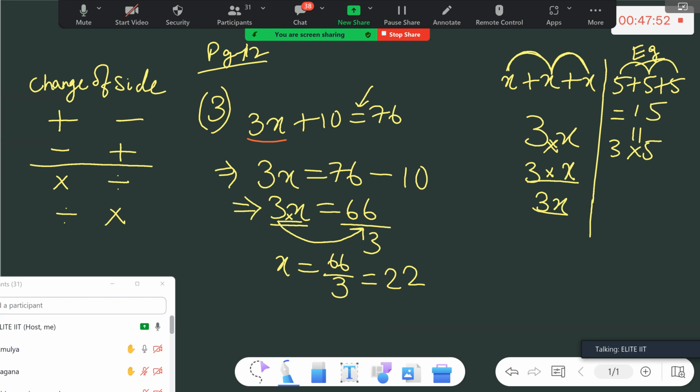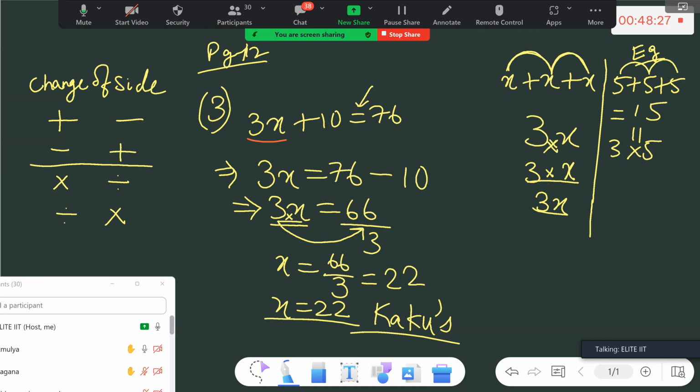Yeah, Amulya, see, now we have just found the value of x, isn't it? But x is whose marks? X we consider Kaku's marks, isn't it?